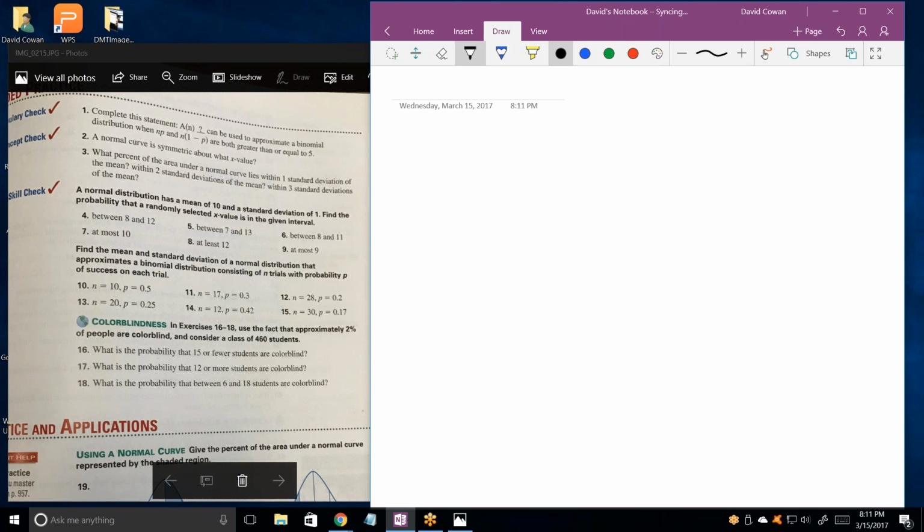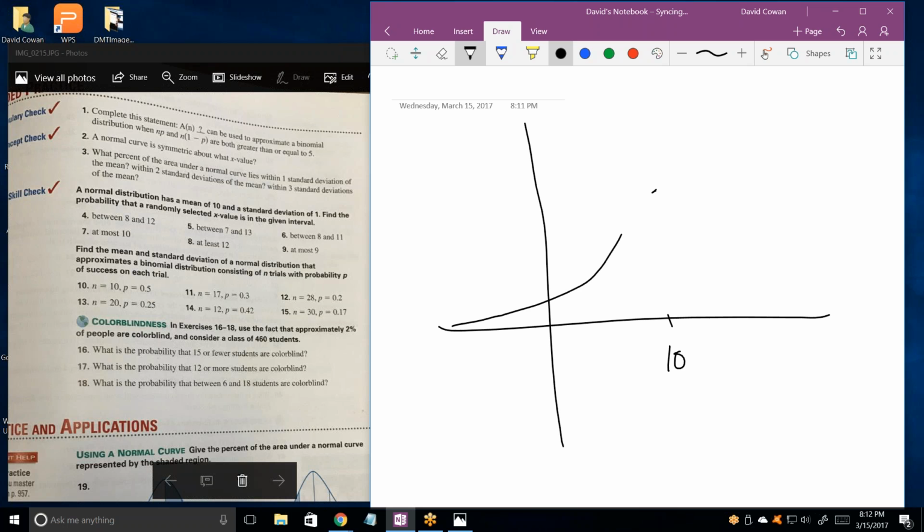All right. And then we're just going to do each of these, and they're all the same. So just go to 10. Let me draw a bell curve again. And it's between 7 and 13. How many standard deviations is that? 3.